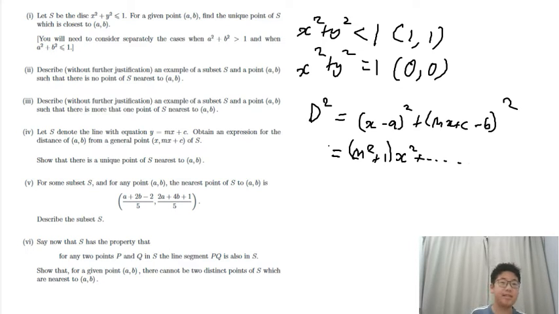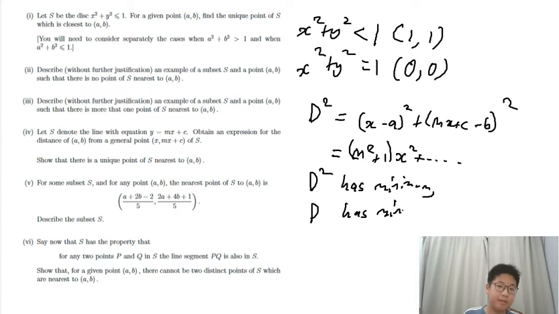So this means D squared has a minimum. If D squared has a minimum, D also has a minimum. There, so we have proved it.